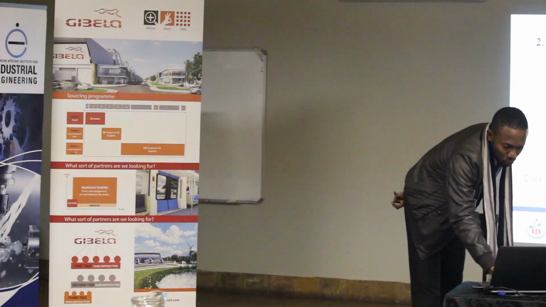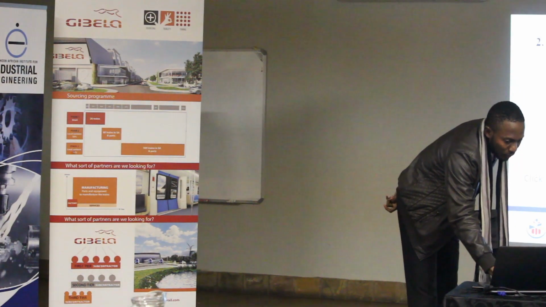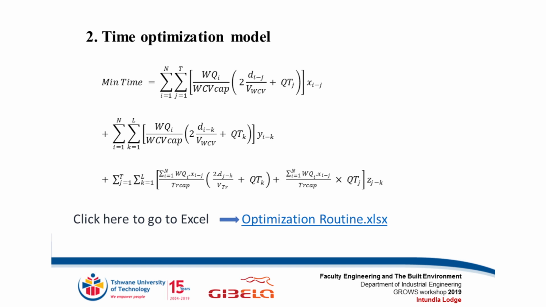Then we try to use Excel to see how we can run this model. This is just to show you how I put this model into Excel format, because here we are able to run the model and get the result.